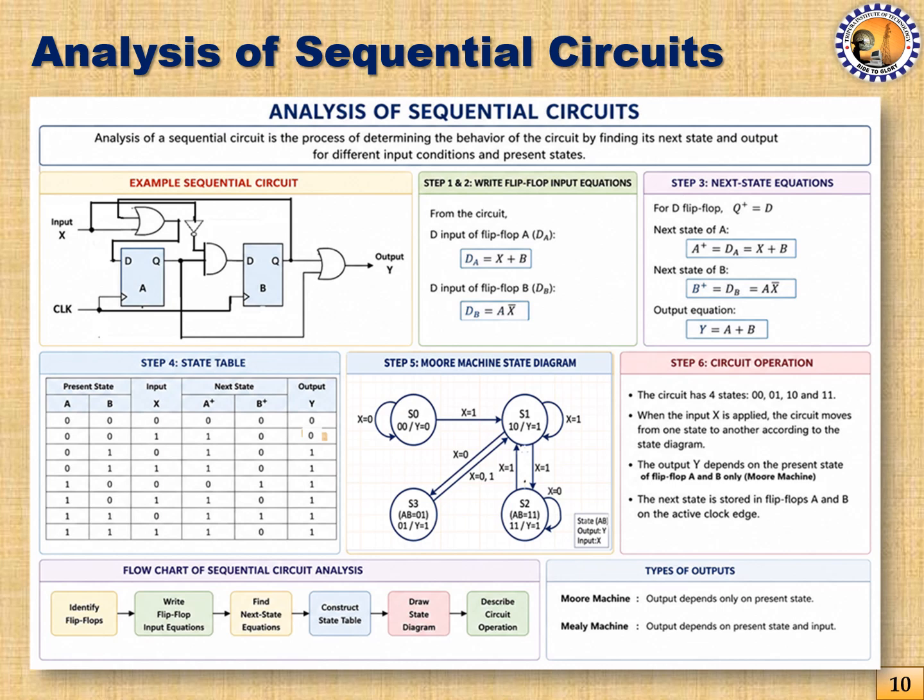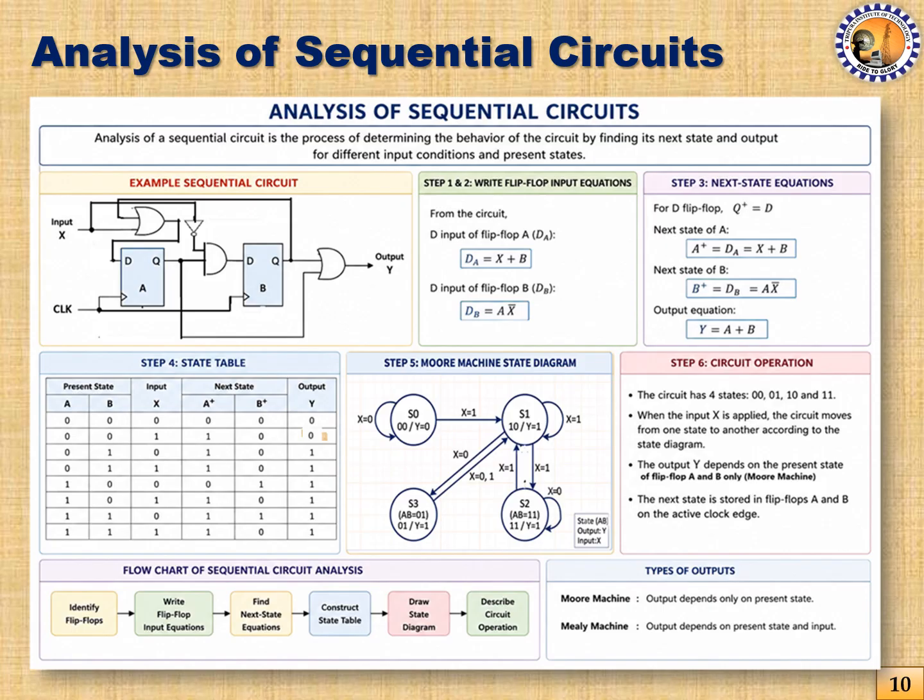So if we see the flow diagram of the sequential circuit, this block diagram explains the steps. Identify the flip-flops. Here we can see that we have D flip-flops. Then write the flip-flop input equations. Here we have done that. Then thereafter find the next state equation. Here we did that.